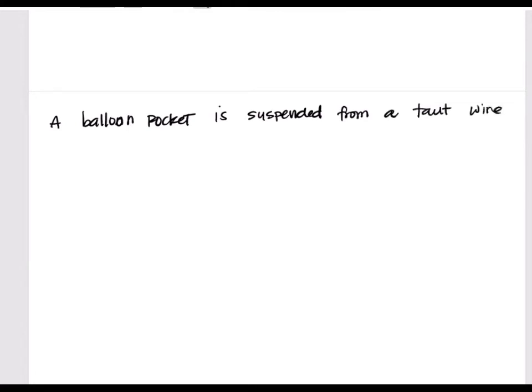Sorry, on a fresh sheet. So a balloon rocket is suspended from a taut wire by a hollow tube and string.